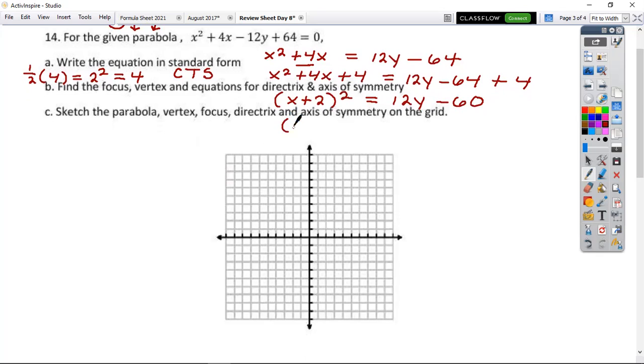So we want to make it look like this. And this is equal to 4p and y minus k. So we need to work with that side right there. So what you're going to do is take your GCF of 12 out. So I have x plus 2 squared equal to 12 y minus 5.